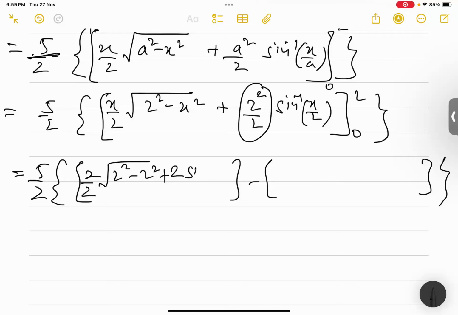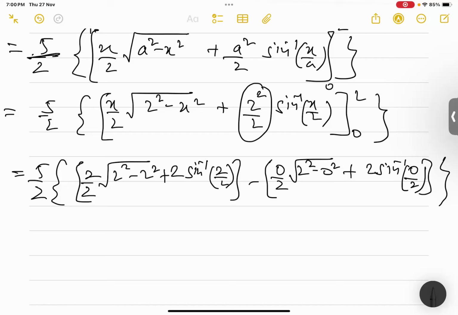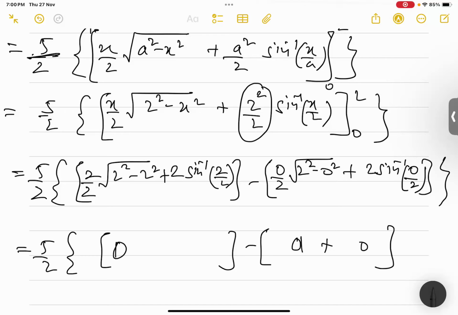4 by 2 is 2. 5 by 2. First, second, and third terms are 0.